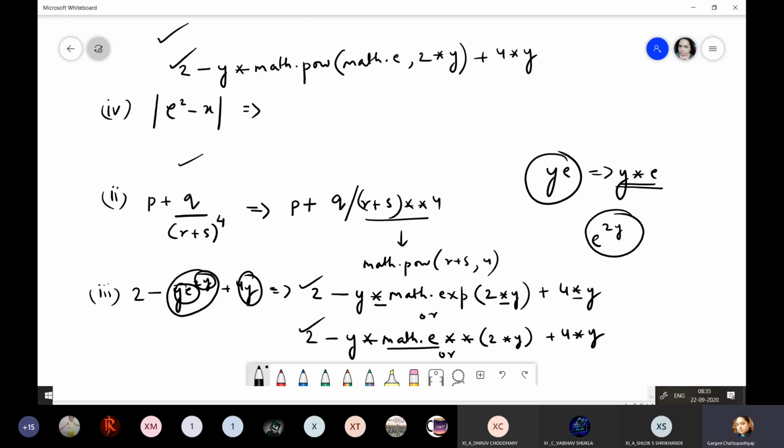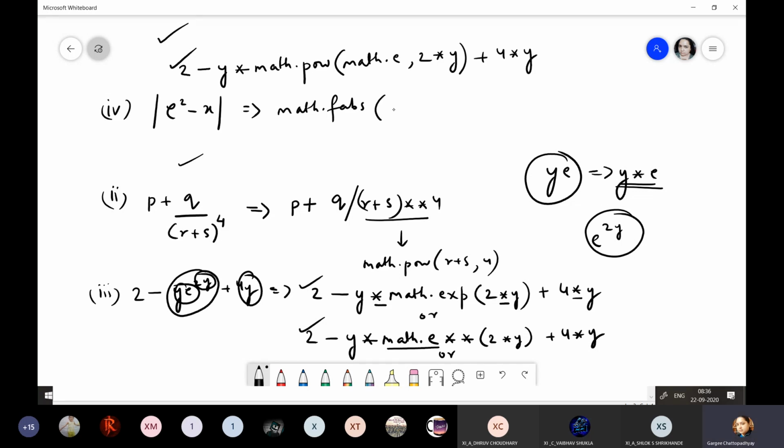What are we going to use over here? Can you see two bars over here? That is for absolute value. So I can use math dot fabs.